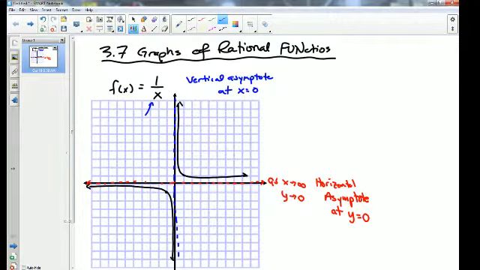Dividing by zero. So when the denominator equals 0, we have an infinite discontinuity. In this case, that's where x equals 0 comes from.